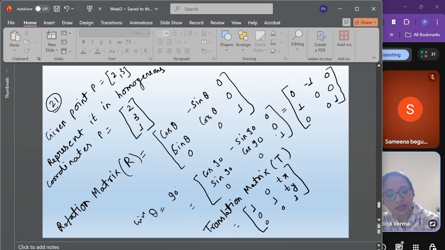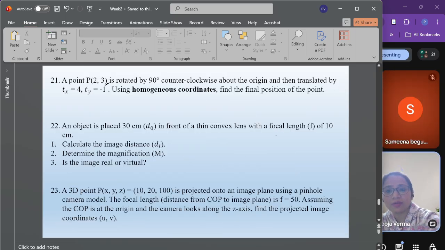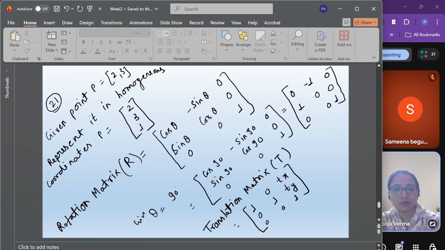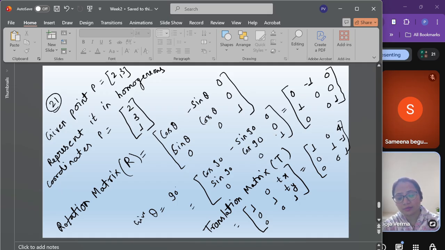Here Tx is 4 and Ty is minus 1. So just put in 1, 0, 4, 0, 1, minus 1, and 0, 0, 1. So this is our translation matrix.